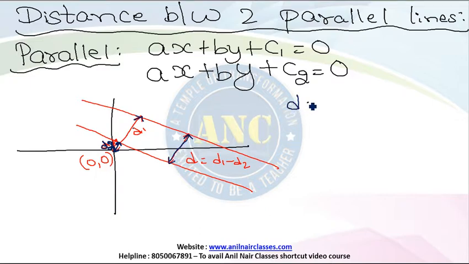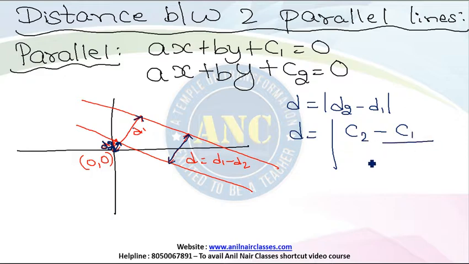So can I say that d is the modulus of d1 minus d2 or the modulus of d2 minus d1, whichever distance is bigger, whatever it is, sir. So d equal to d2 minus d1 means it is c2 minus c1 divided by root of a square plus b square, because the distance from the origin to the line is given by c divided by root of a square plus b square.